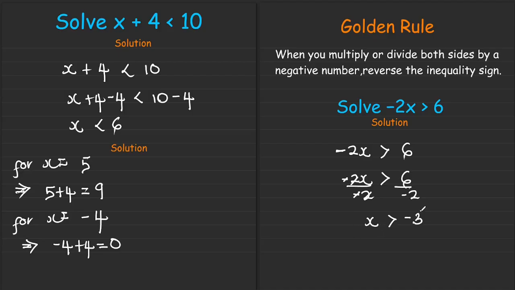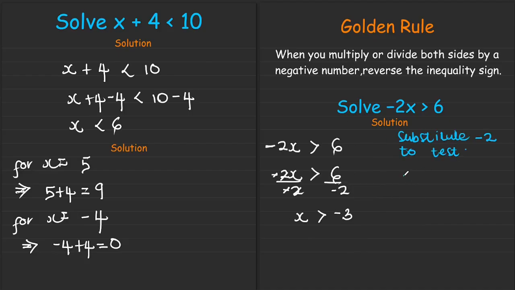If you are taking x values to be greater than negative 3, an example of a number that is greater than negative 3 is actually negative 2. So if we multiply negative 2 by our x value, which we are taking to be what? A negative 2, because it is greater than negative 3.